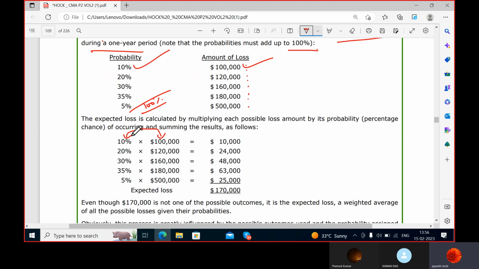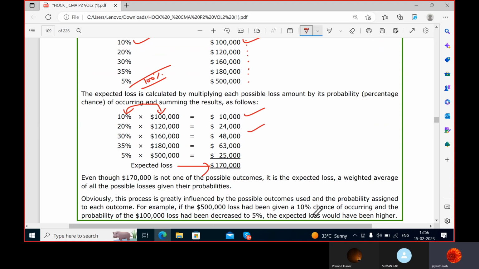To find the expected loss, the formula is to multiply the probability into the amount. So you get all these amounts, and this is the expected loss. Even though this is not one of the possible outcomes, it is the expected loss, a weighted average of all possible losses given their probabilities.